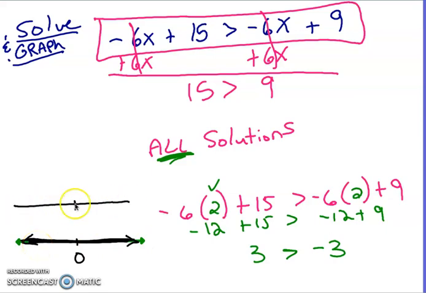Another way to do this is you could put a closed circle at 0 and literally go everything to the right and everything to the left. So again, the entire number line will work. Every number on there, 1 will work, 2 will work, 3 will work, 1.5 will work. Every single number on that number line will work. That's why it's all solutions.